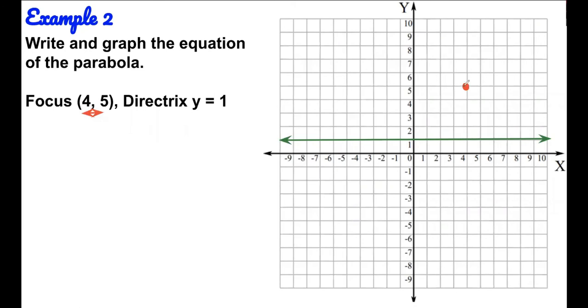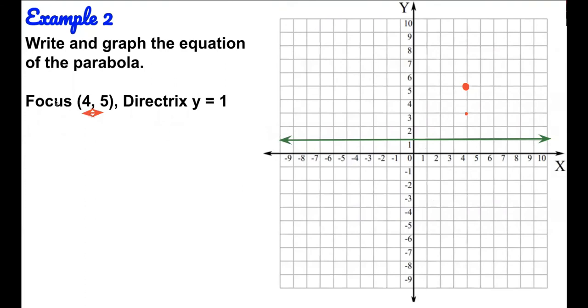Now I know that my vertex is going to be somewhere in between these two items, between our directrix and our focus. So we can do the midpoint, the mid distance between those 2 points. It should be at (4, 3). Let's do it algebraically so that we can check our work.